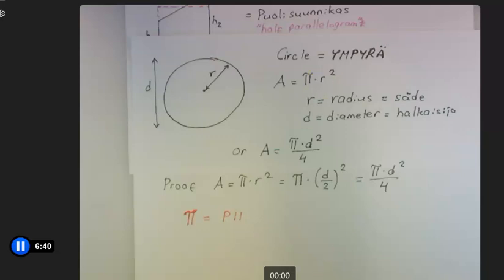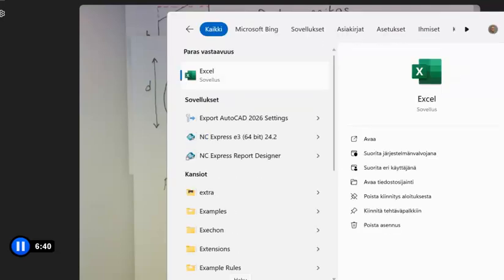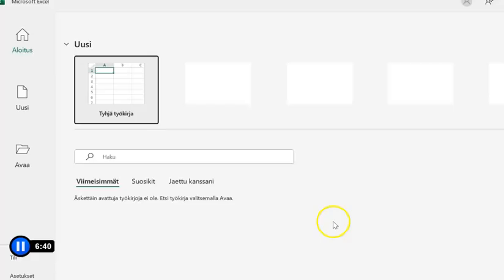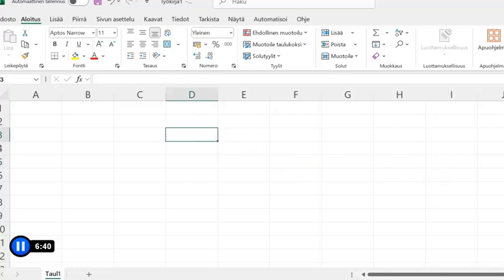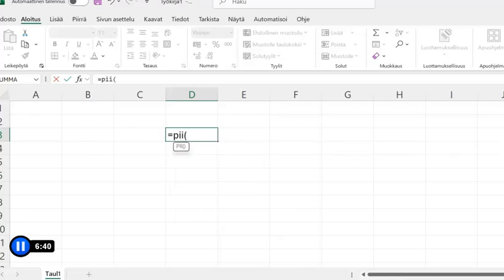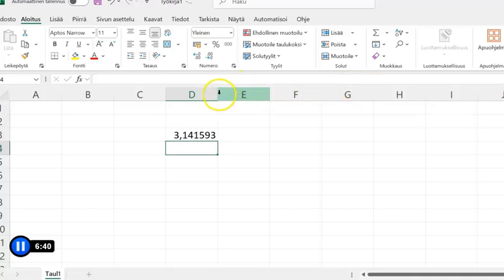For example, this is Finnish Excel, there are Finnish words there, but if I want to calculate the value of pi in Excel with Finnish language, I will write an equal sign and then p and empty brackets, and it gives the value of pi.